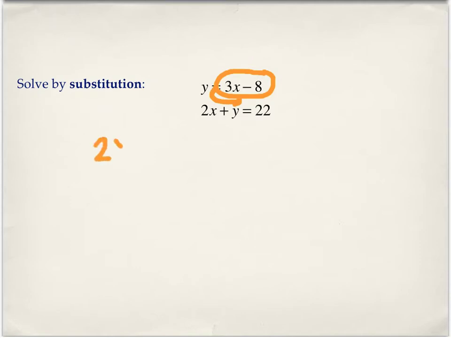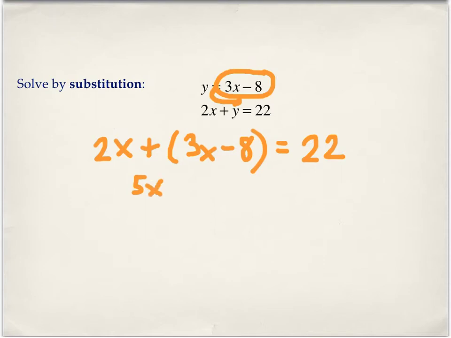I'm going to rewrite the second equation, but instead of writing 2x plus y, I'm going to substitute 3x minus 8 in place of that y. And I rewrite it like that. Now I think you can see that this is an equation I can solve because now we just have one variable. So this will be 5x minus 8 equals 22.